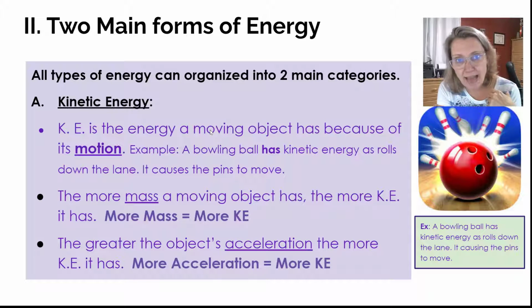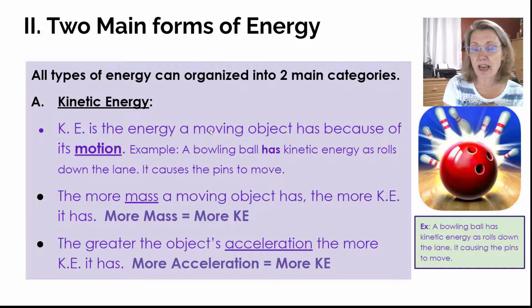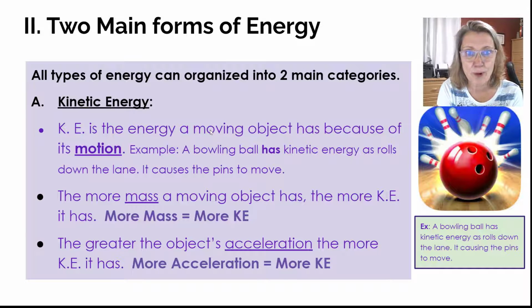The more mass the bowling ball has, the more kinetic energy it has. I mean, if you take a golf ball and roll it down the bowling lane, you're not going to have nearly the effect on the bowling pins as you do with the bowling ball. And not only that, but how fast you throw the ball, the acceleration at which you throw it, will also have an effect on kinetic energy.